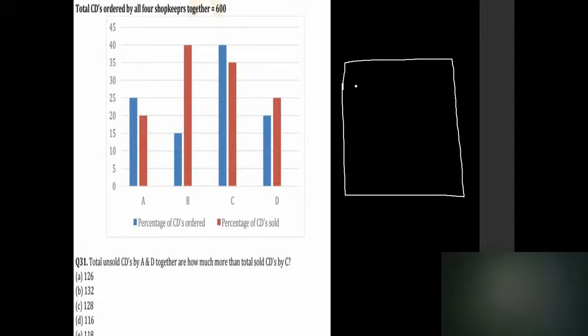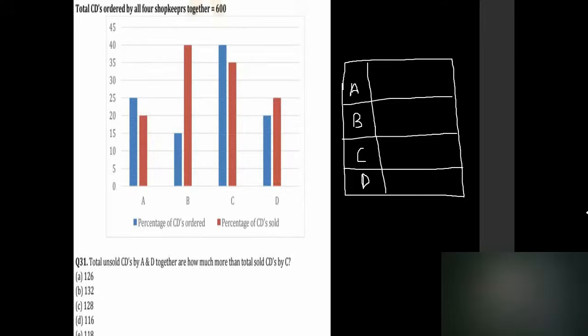Total 4 shops are there, A, B, C, D. Again, there are columns.